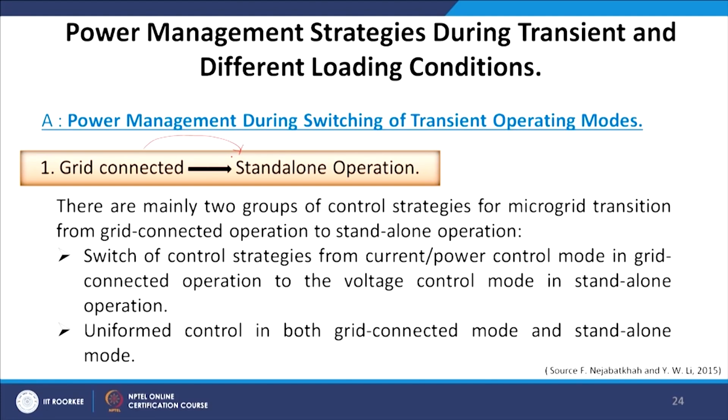The first is switching of control strategies from current or power control mode in grid connected operation to voltage control mode in standalone operation. The second is uniform control in both grid connected mode and standalone mode. The control strategies that we have adopted for the grid connected mode are not going to work exactly when it is islanded. So, that is an important issue that needs to be addressed.